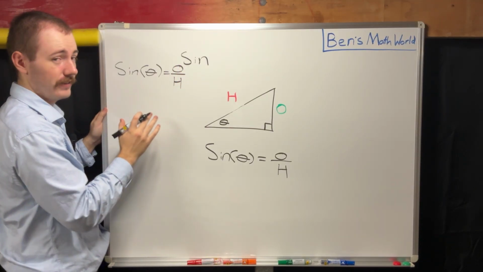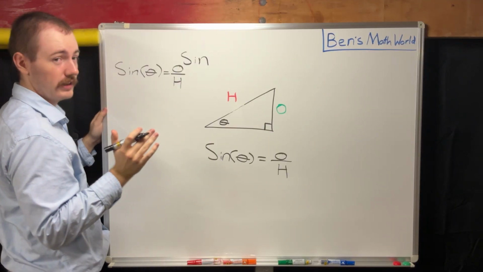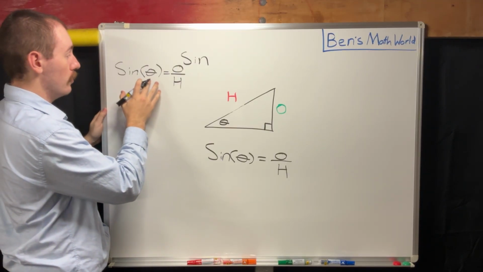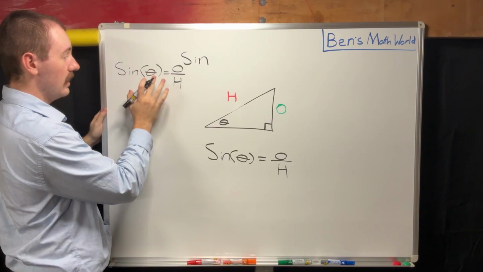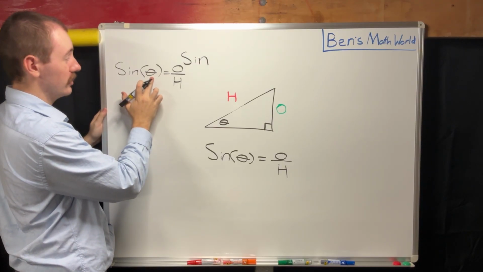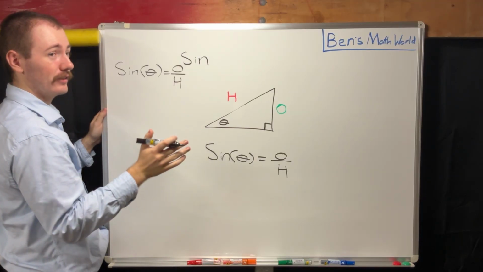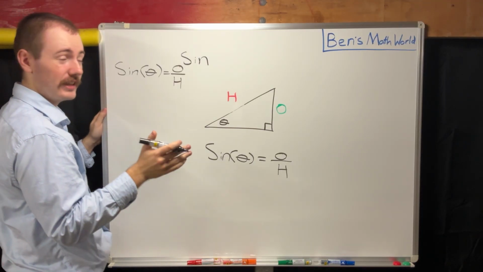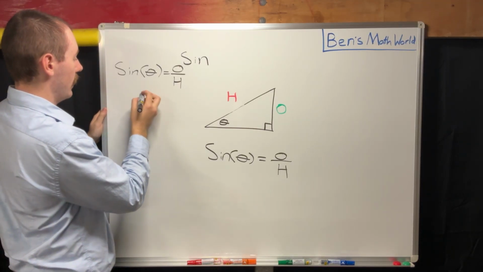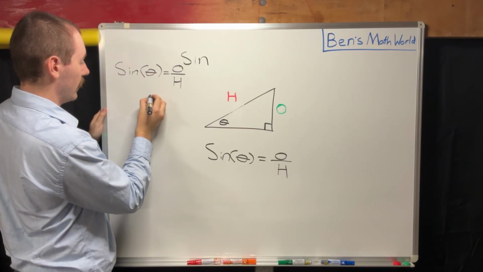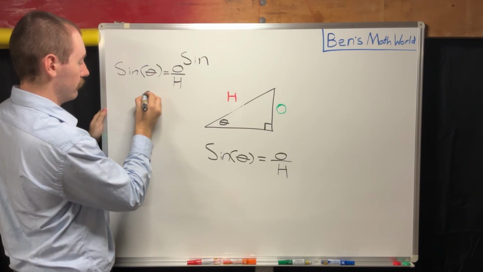And now to find theta, we're going to do what's called an inverse. We're going to remove the sine from here and just leave behind the theta so that we can have it equaling something and move the sine over here. Now to do that, we're going to inverse the sine, and so that will make this sine disappear here, and we will be left with theta.